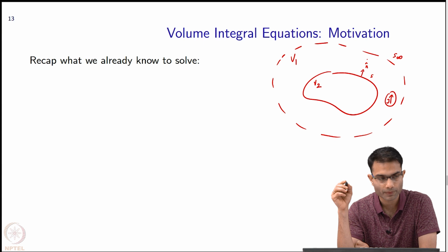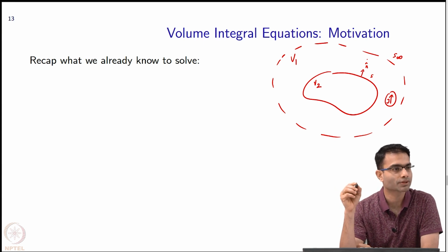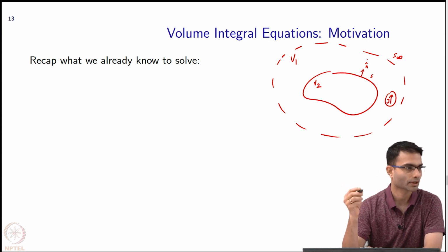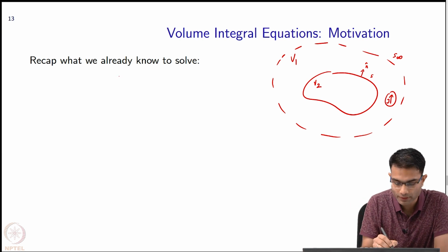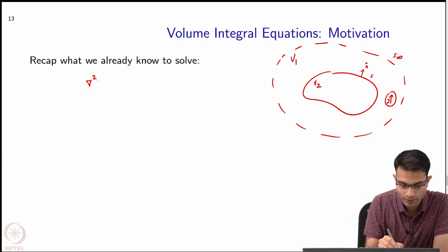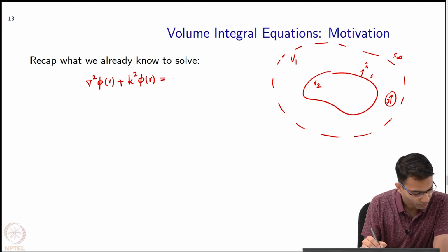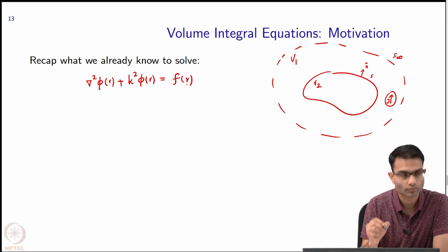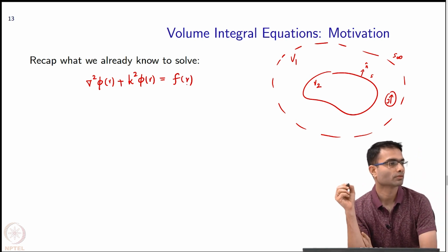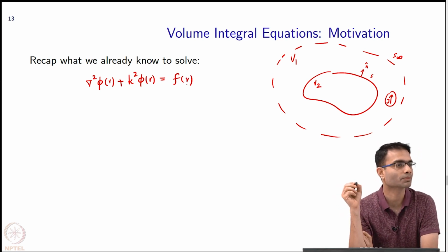What kind of equations did we write for these two regions? They were the wave equation. After I simplified everything, I had something like this in either region. Where did the current source appear?